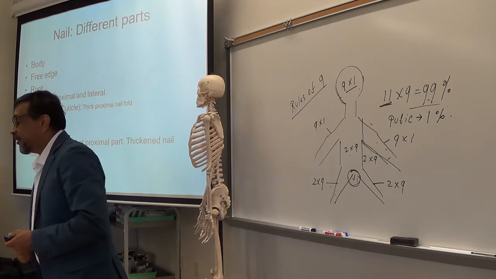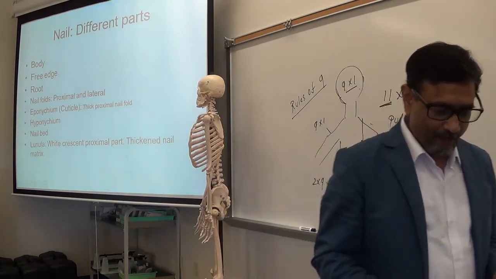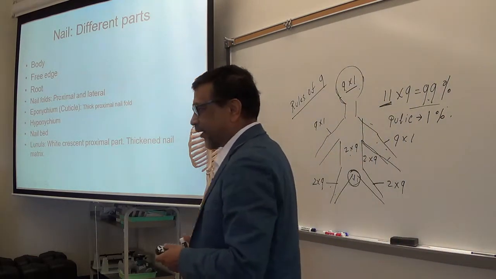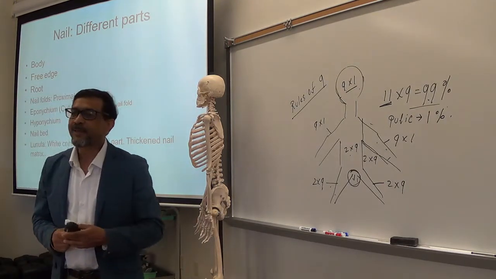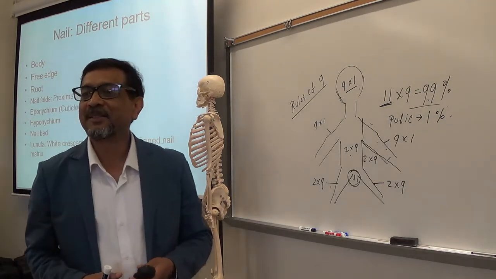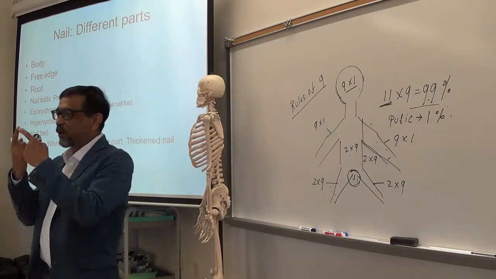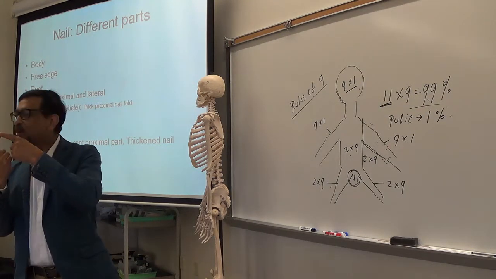Okay. Nail. Nail belongs to the integumentary system. Nail is formed by keratin, the protein keratin. And this is the true color of the keratin because there is no melanin here.